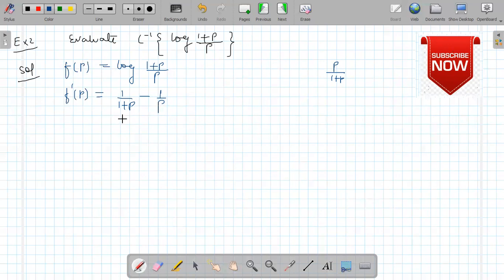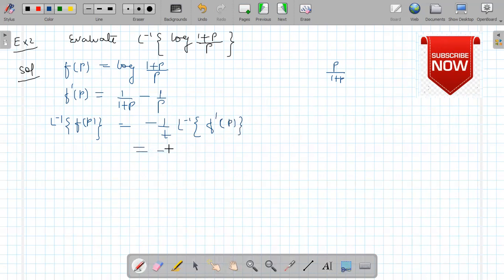Okay, so I use the relationship that Laplace inverse of F(p) will be equal to minus 1 upon t, as I have done earlier, into Laplace inverse of the derivative of the function of p.